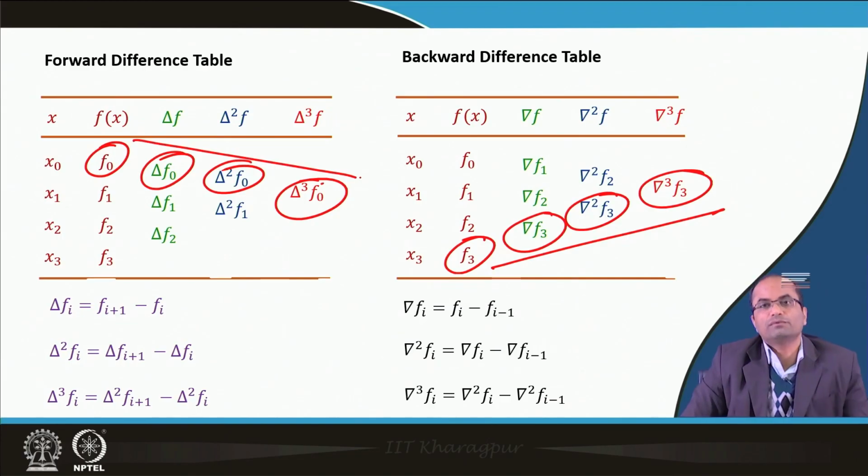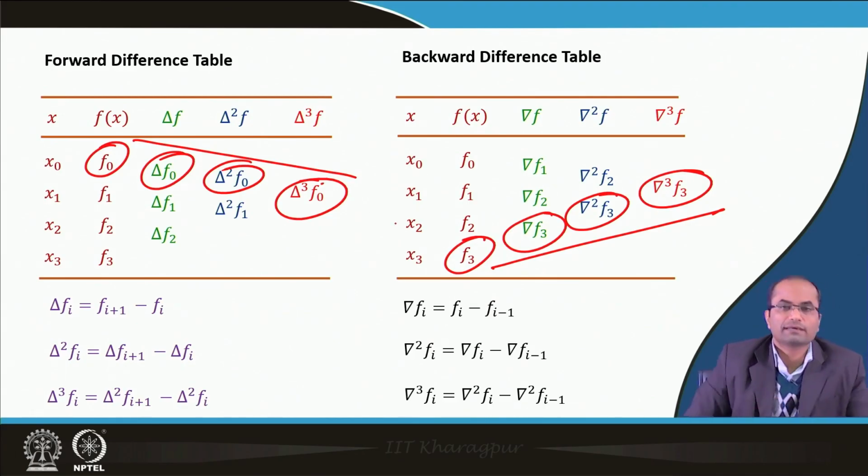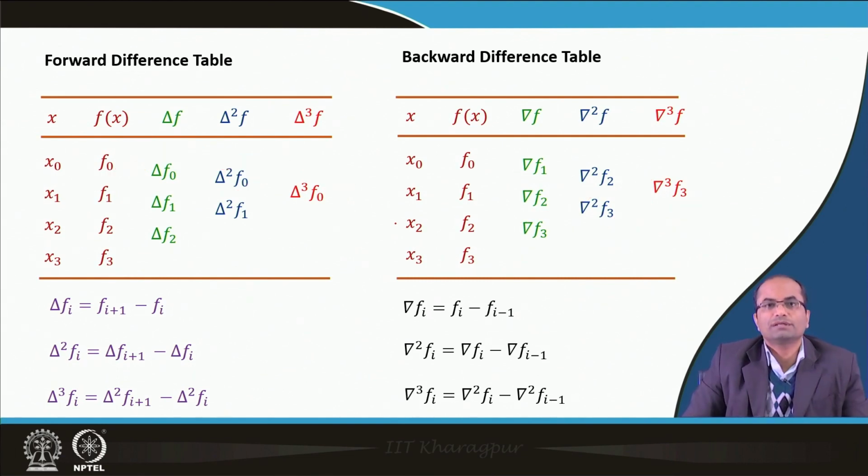So, we form the same table, and we can use either the forward difference formula, which we will derive now, or the backward difference formula. Accordingly, we have to select the values from the table, but the construction of the table is actually the same.